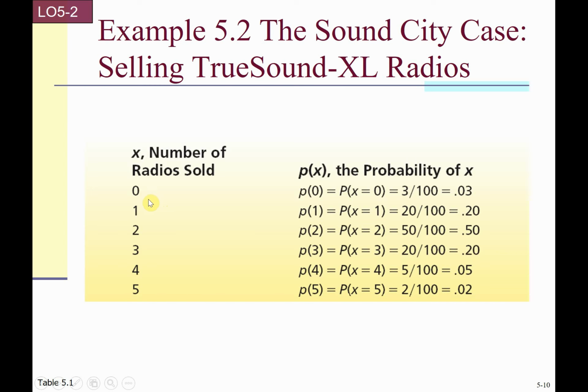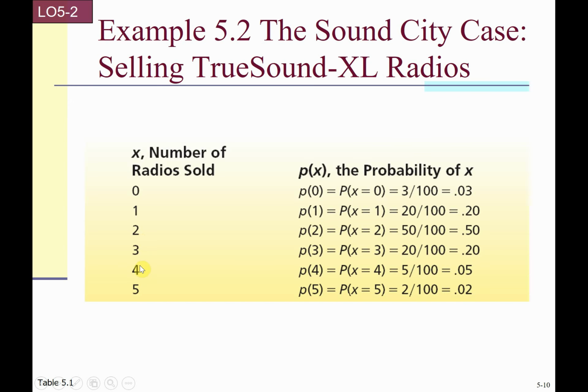Out of the last 100 days, the times that we didn't sell anything happened 3 times. The times that we sold 1 radio happened 20 times. The number of days where we sold 2 radios happened 50 times.